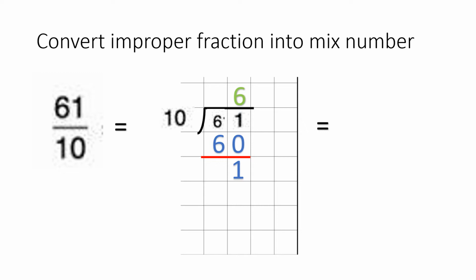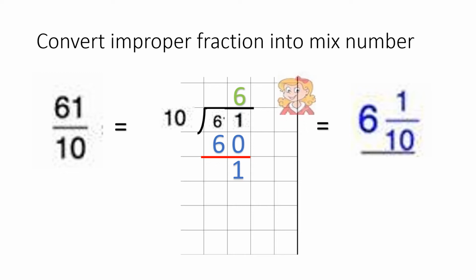Now how to write it into mixed number? 6, which is up there, is the mummy. Remember, mummy is always taller than the son. So the one that is up is the whole number.